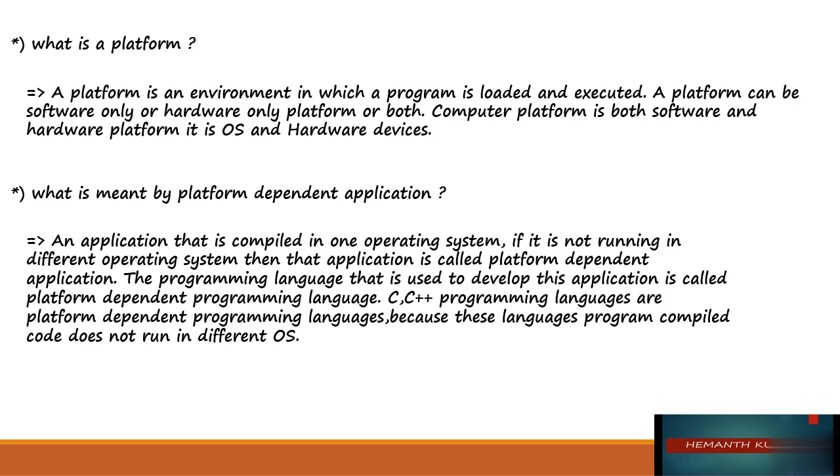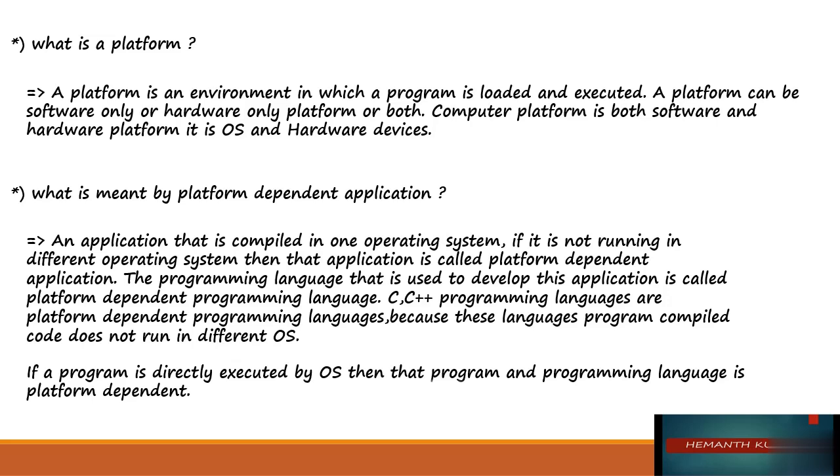C and C++ are platform dependent programming languages because their compiled code does not run in different OSes. If a program is directly executed by the OS, then that program and programming language is platform dependent.